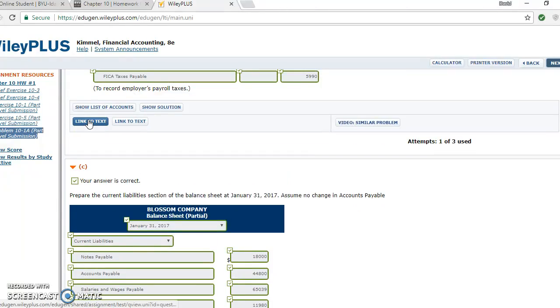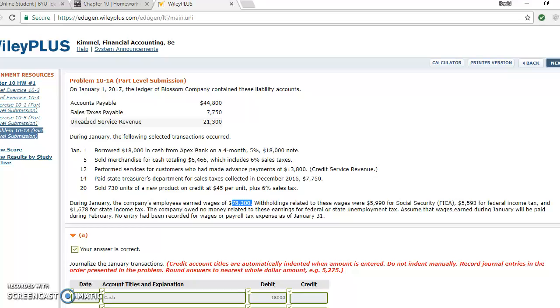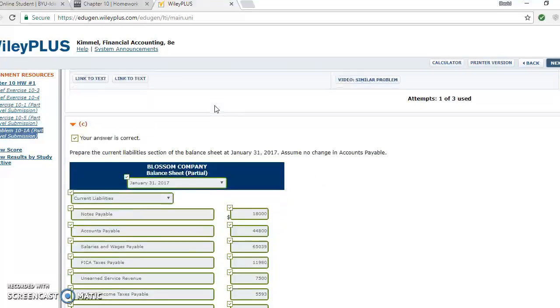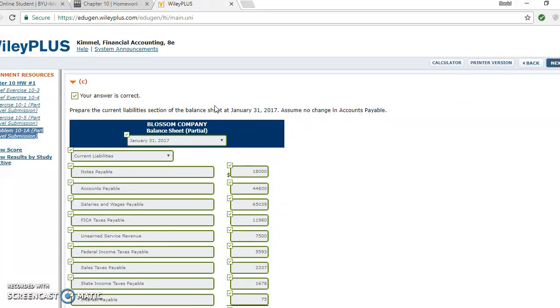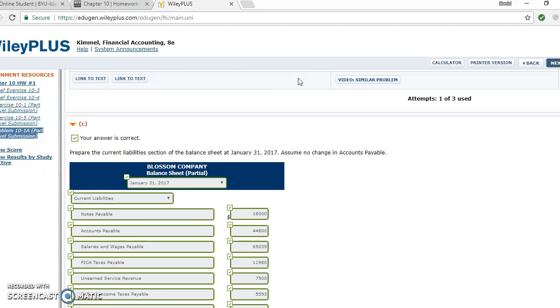We get that information. First, the notes payable, the $18,000. The accounts payable didn't change, so that was the $44,800. Salaries and wages payable, we just figured out from the amount that was in section B there.